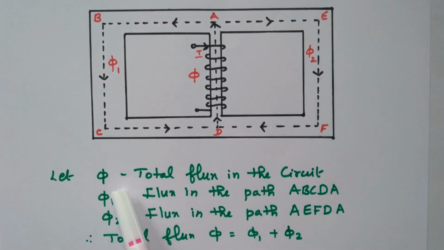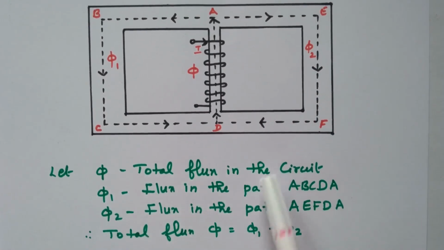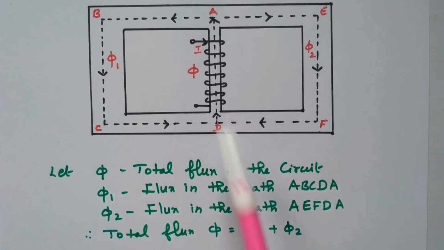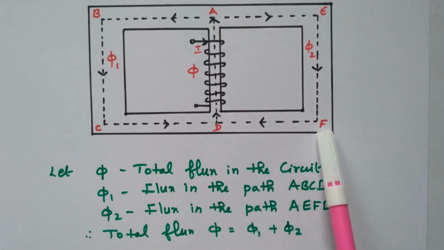So that is given here. Phi is the total flux in the circuit. Phi 1 is the flux in the path ABCDA. Phi 2 is the flux in the path AEFDA. So the total flux phi is nothing but phi 1 plus phi 2.